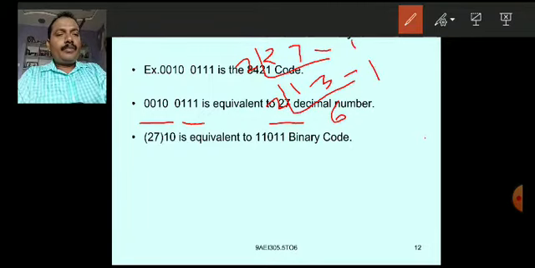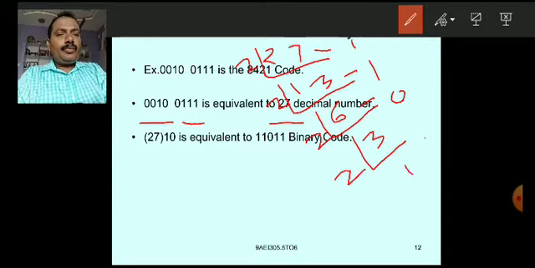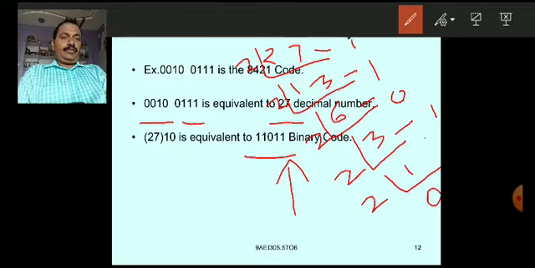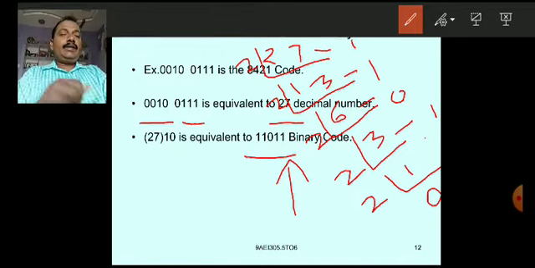Remainder is 1. 2 threes are 6. Remainder is 0. 2 ones are 2. Remainder is 1. 2 zeros are 0. Remainder is 1. Writing all the remainders from bottom to top, you get 11011. This is the value you got.